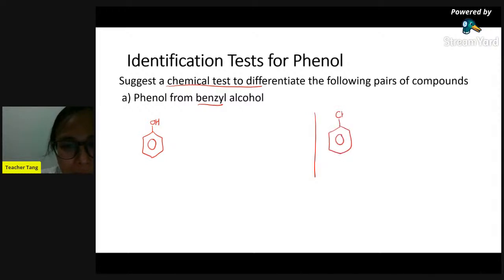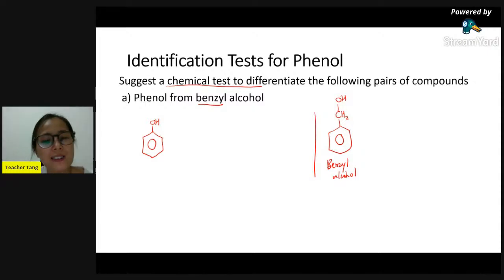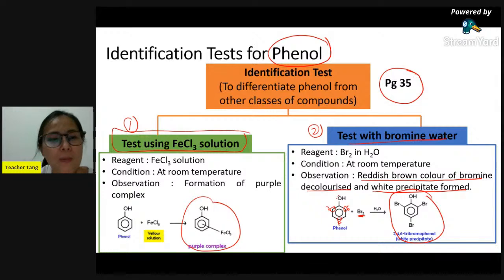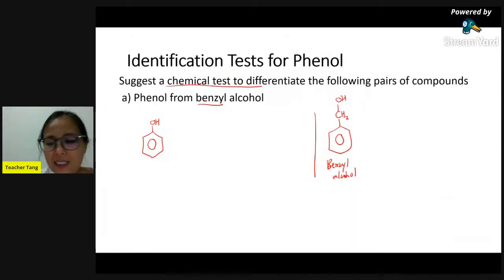Remember, CH2, so OH. So this is benzyl alcohol. So what chemical test that we can use to differentiate phenol and benzyl alcohol? You baru belajar. So pilih salah satu. So shall we choose test with or using FeCl3 solution?